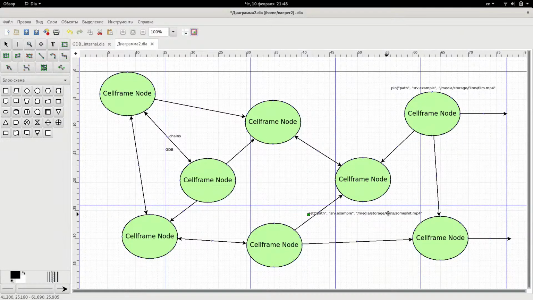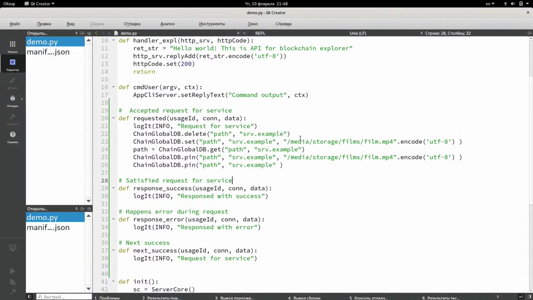So if it sets some sheet here, then on synchronization the pin will beat the sheet. Then the sheet disappears, and here we have this everywhere.